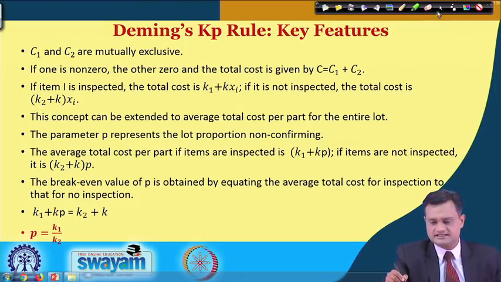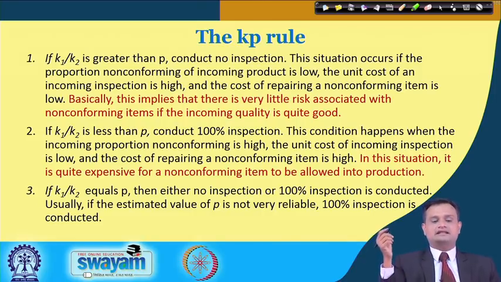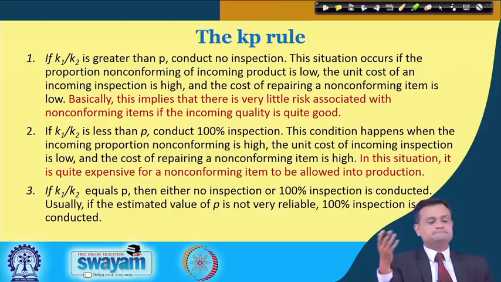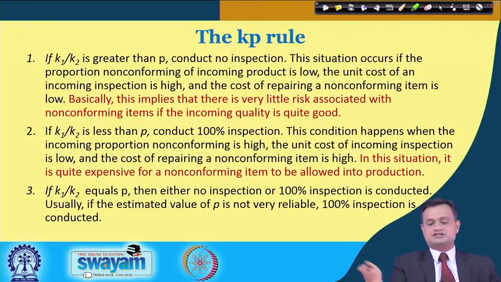Once you have this expression, you need to follow a very simple rule. If K1 by K2 is greater than P, conduct no inspection, because the proportion of non-conforming in the incoming product is very low, and this implies very little risk associated with non-conforming items. If K1 by K2 is less than P, conduct 100% inspection, as it is quite expensive for a non-conforming item to be allowed into production. If K1 by K2 equals P, then either no inspection or 100% inspection.